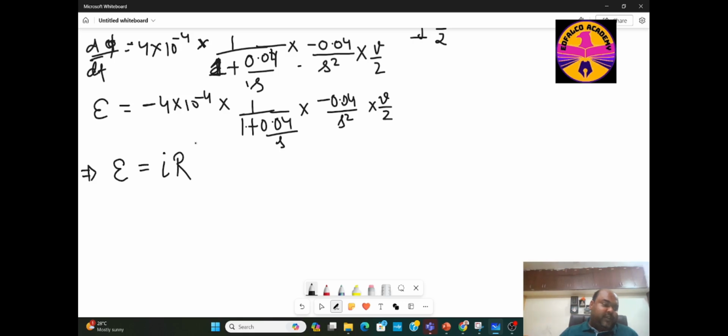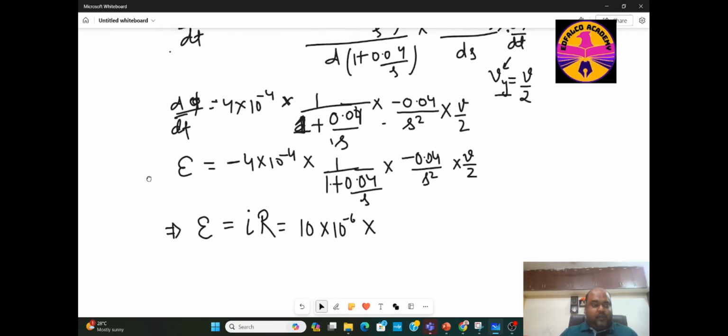So whatever epsilon is being produced, if it has a resistance R, it is going to produce a current based on Ohm's principle, which means epsilon is equal to IR, right? So in this situation, what is I given? I is given as 10 microampere. So 10 into 10 to the power minus 6 into the resistance.